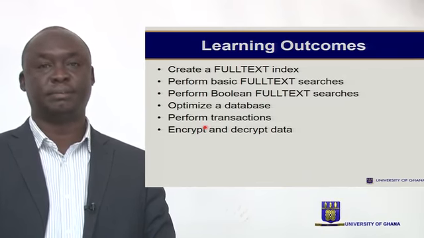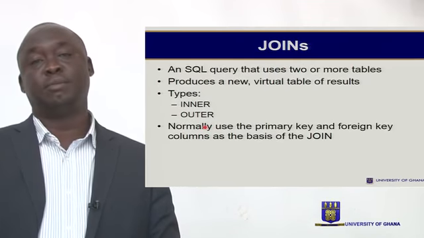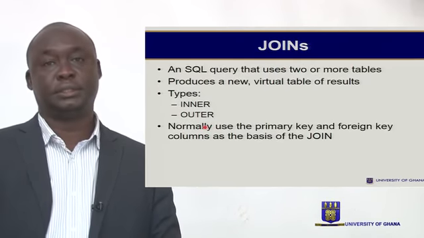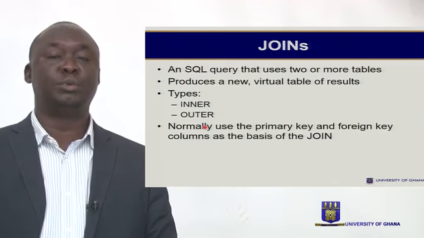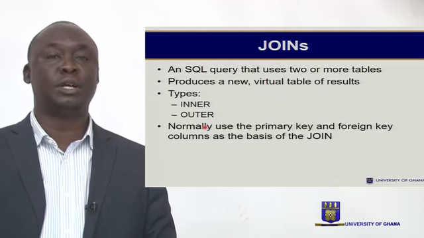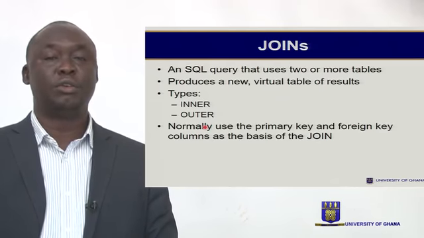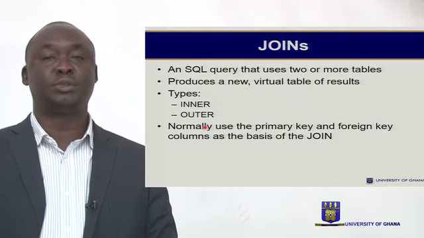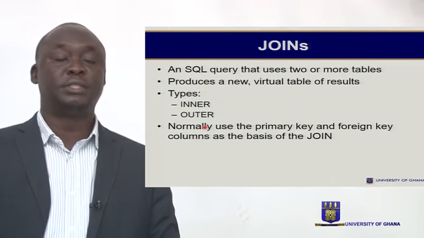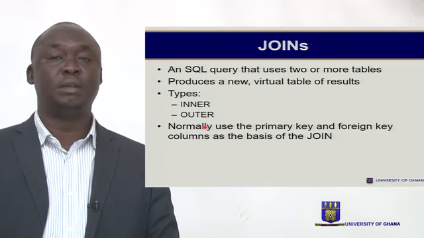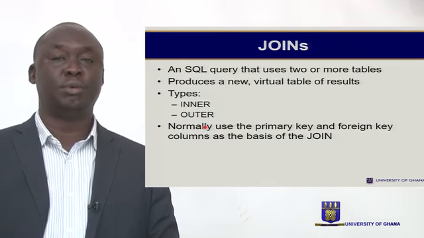and decrypt data. Joins are very important in our queries. Joins allow us to make selections from more than one table. So if you look at our previous SQL statements, our selections were mainly based on one table.